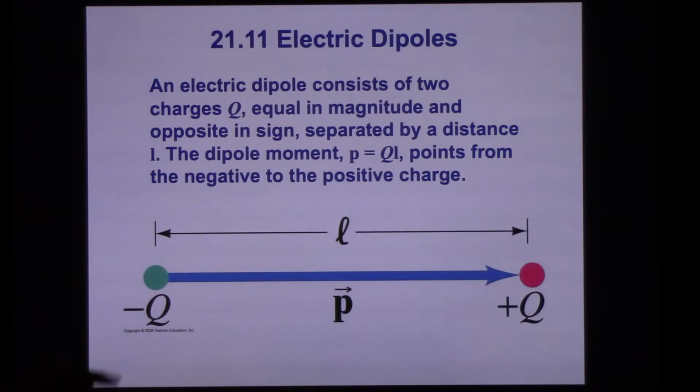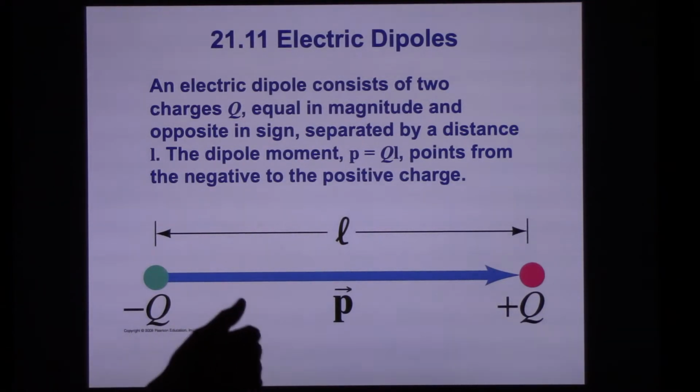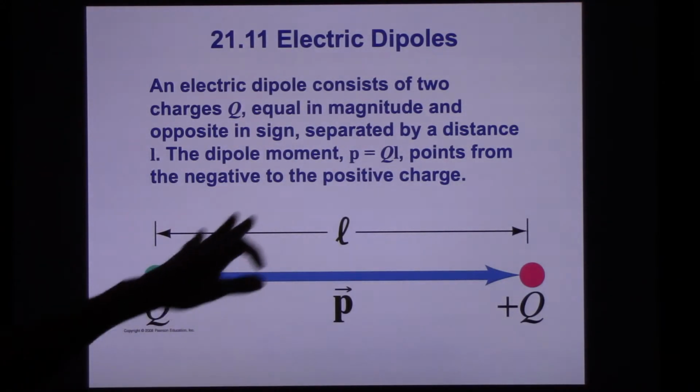Just as a review, an electric dipole consists of some amount of negative charge and some amount of positive charge that for some reason are attached. They're stuck with each other. They don't come together and collapse, and they don't get pulled apart. They maintain some kind of a distance.